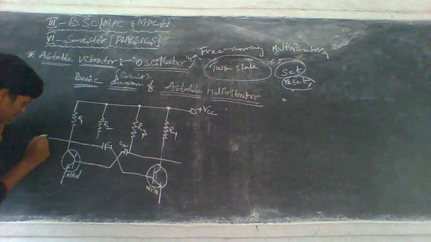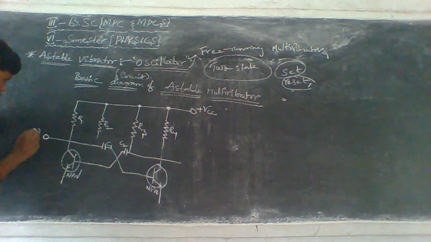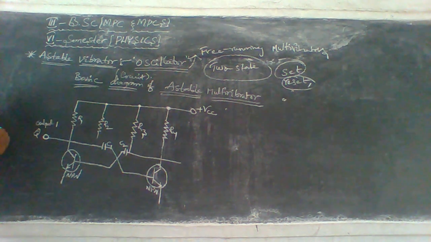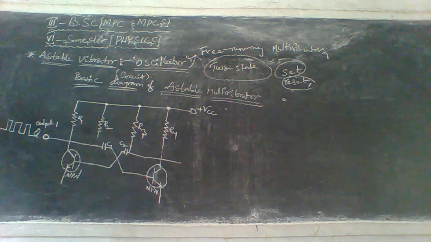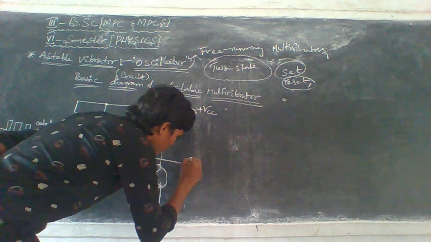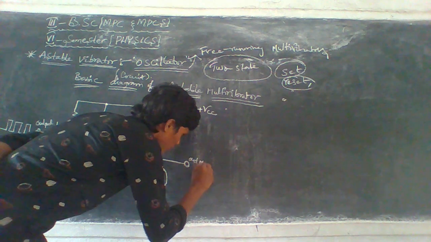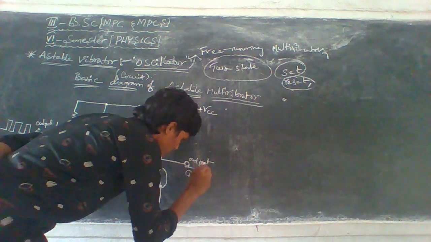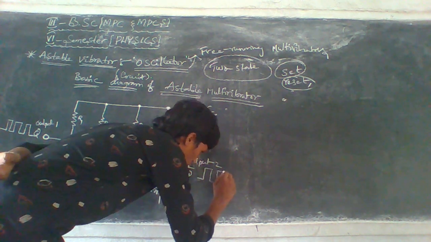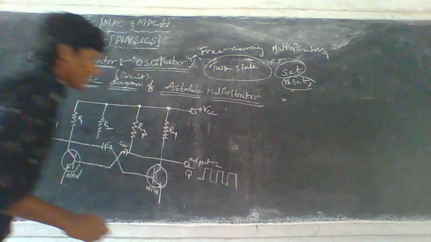This is the output Q, output 1, and it generates a square waveform. This is another output, Q bar, which also produces a square waveform.